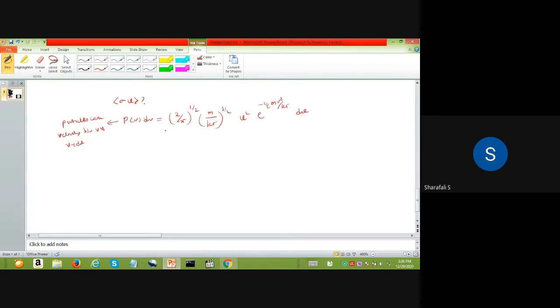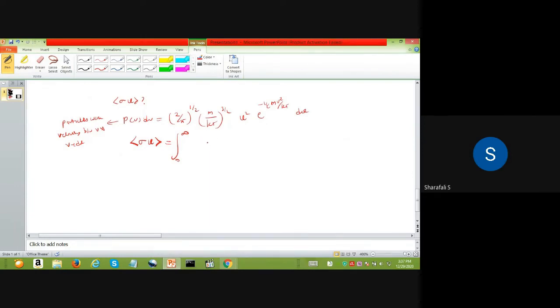If you want to calculate the average value of sigma v, then I have to consider the integral from 0 to infinity. First, we have to consider sigma. Sigma depends on the barrier penetration probability.